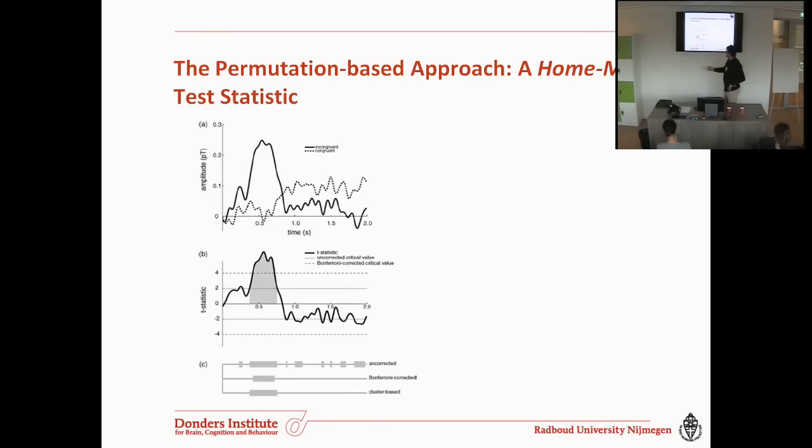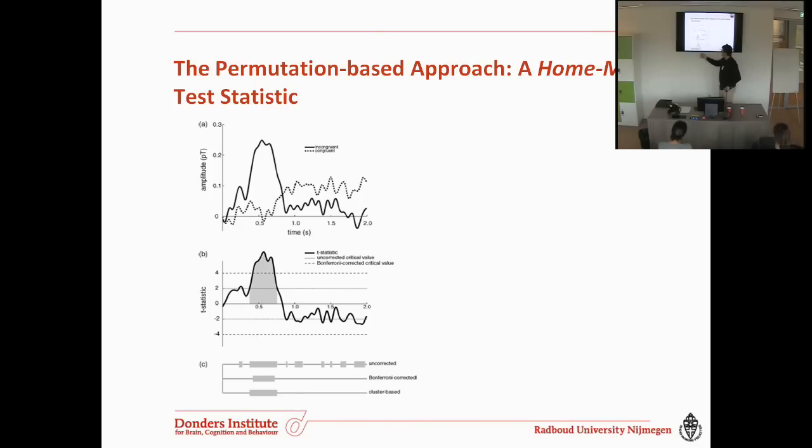Now I have these time windows, and I'm going to combine the evidence across all of them in one number. The way I do this is by making use of the assumption that evidence against the null hypothesis occurs on adjacent time points. So I look for contiguous time windows, and I take the one that is the longest, which turns out to be this one. There are also some here, but they are very small.